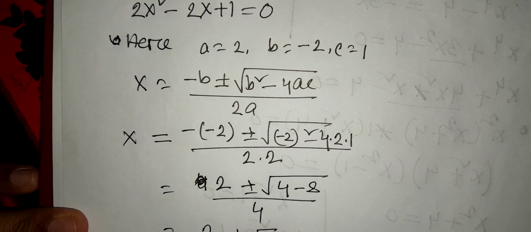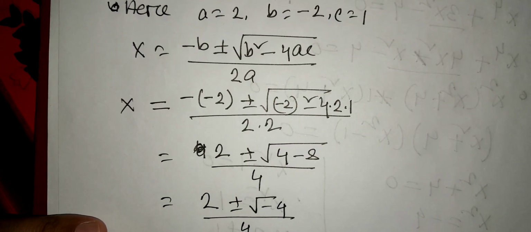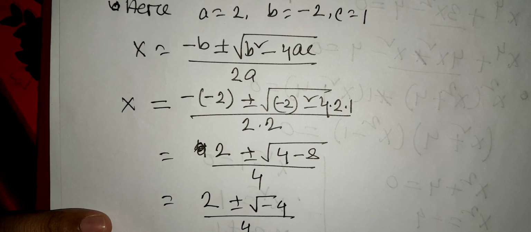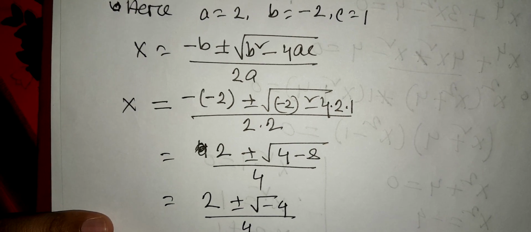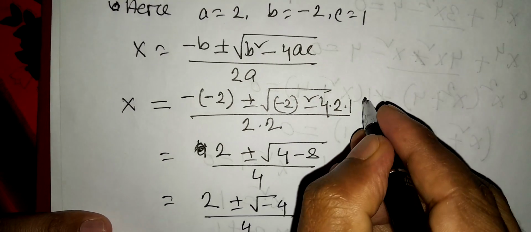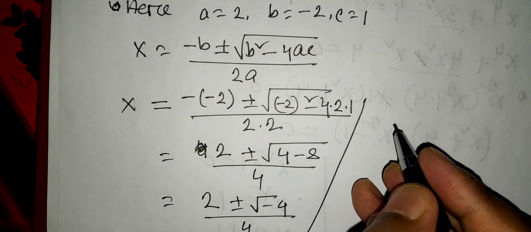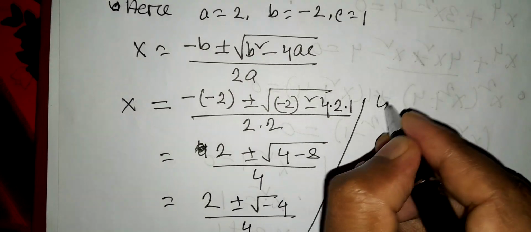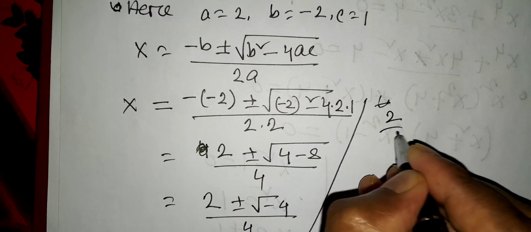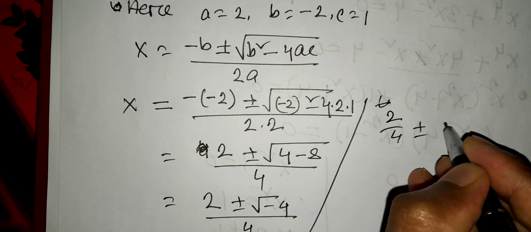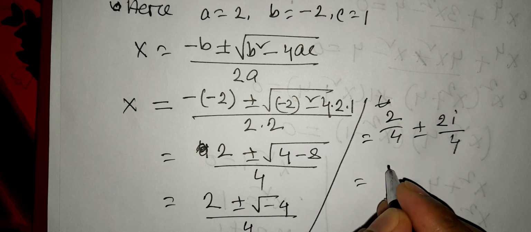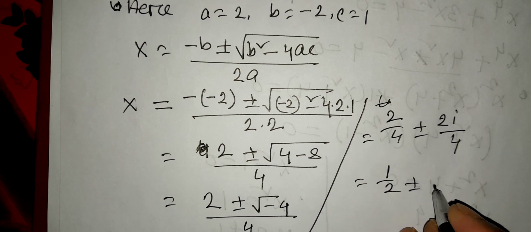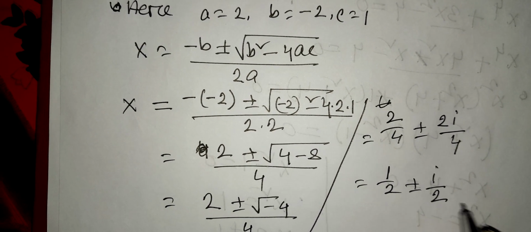By 4 equals, we can write 2 plus minus 2i by 4. Here we can write 2 by 4 plus minus 2i by 4 equals half plus minus i by 2.